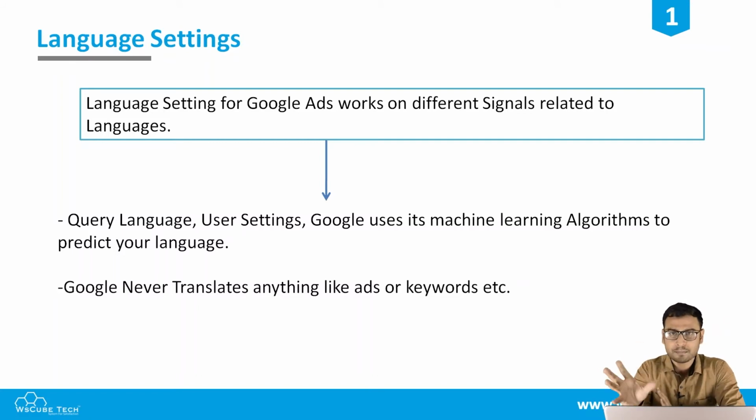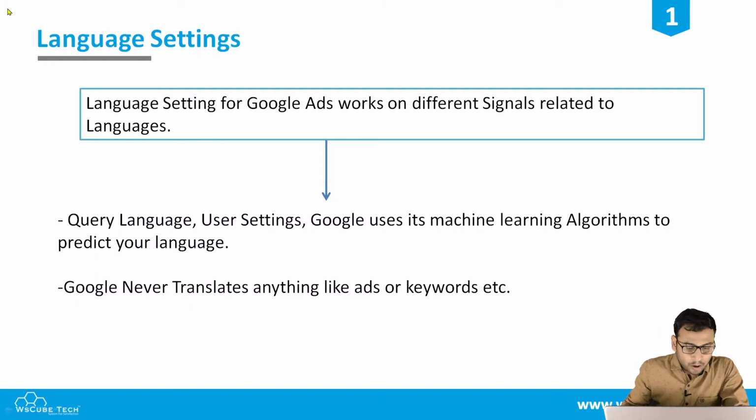There can be some data redundancy, and we cannot rely 100% on this data, or on any kind of data, but the machine learning algorithms Google has right now are smart enough to predict these things.